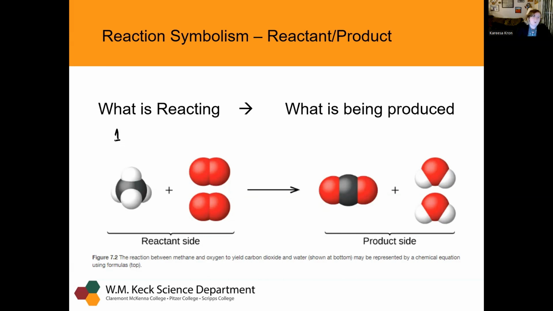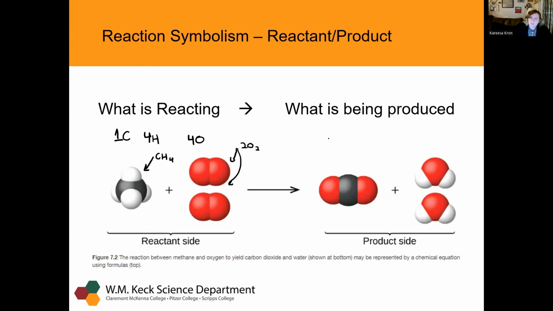And so if we look at this chemical equation on the left-hand side, our reactant side, we start with 1 carbon, 4 hydrogens, and 4 oxygens bound in the form of a methane and 2 O2 atoms.